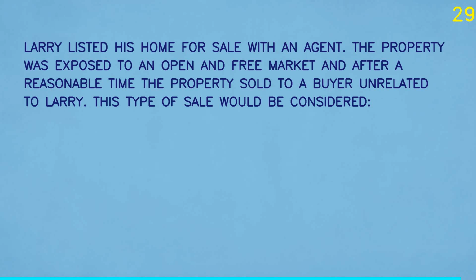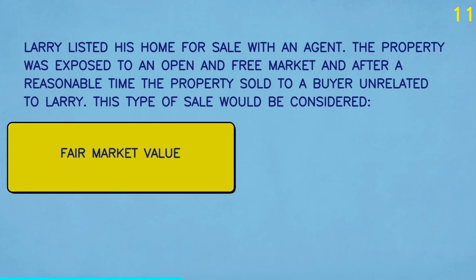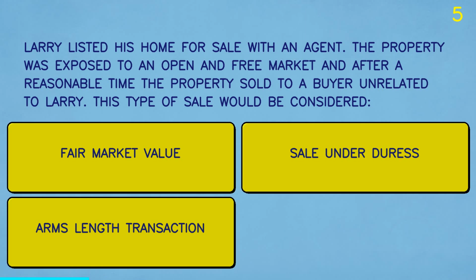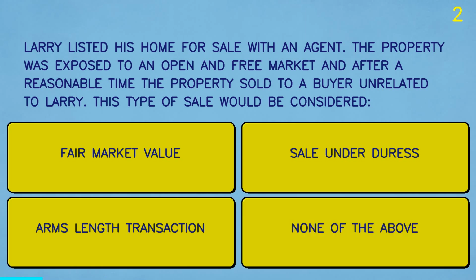Question 6. Larry listed his home for sale with an agent. The property was exposed to an open and free market and after a reasonable time the property sold to a buyer unrelated to Larry. This type of sale would be considered A. Fair market value, B. Sale under duress, C. Arm's length transaction, D. None of the above.